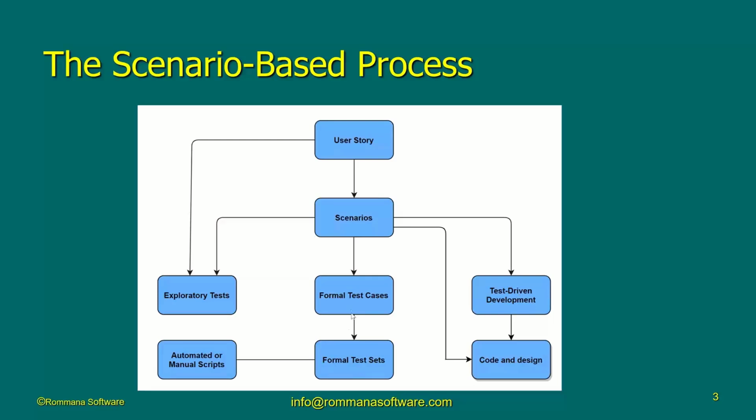In the middle here and on the left, the scenarios will go to the test team to write their formal test cases, and then they will group those test cases into test sets, and then they will write their scripts, whether those scripts are manual or automated, for those test sets.